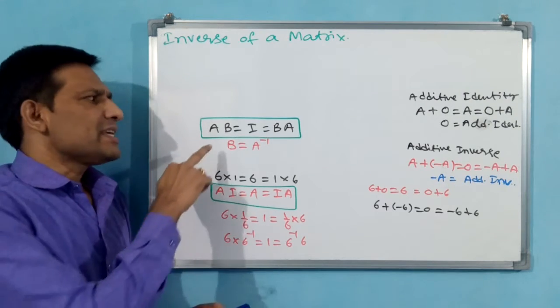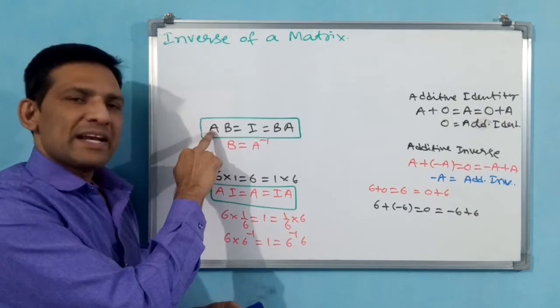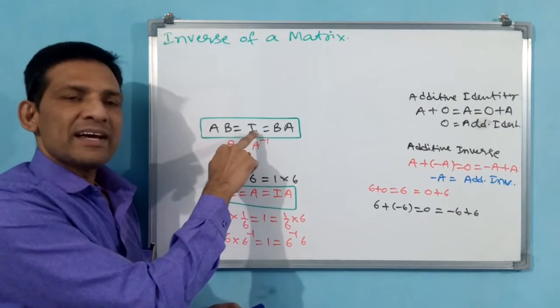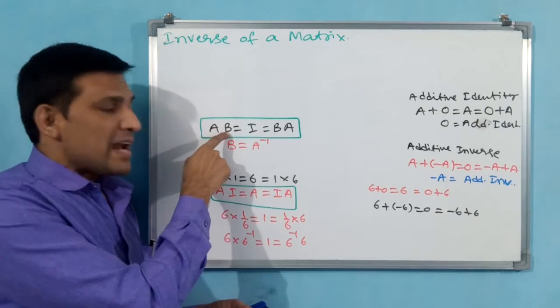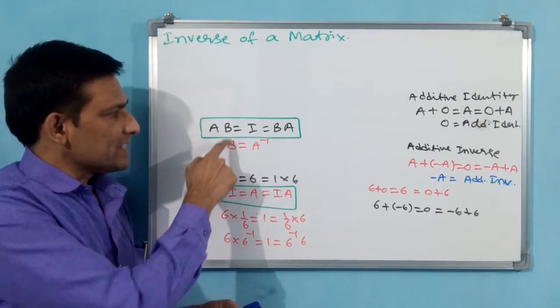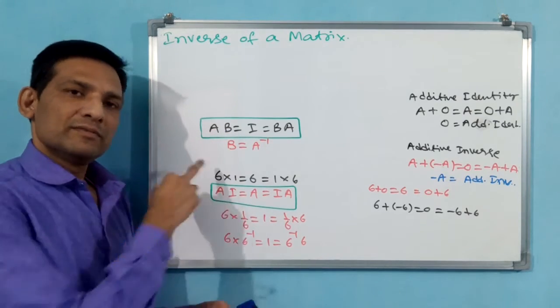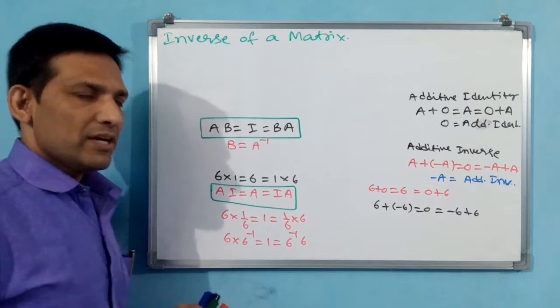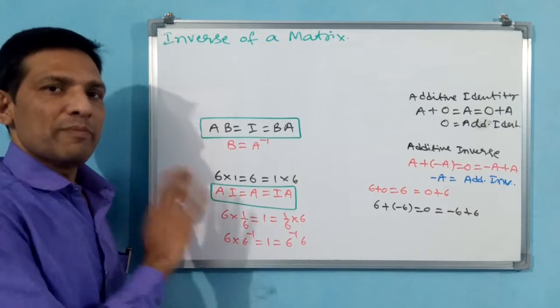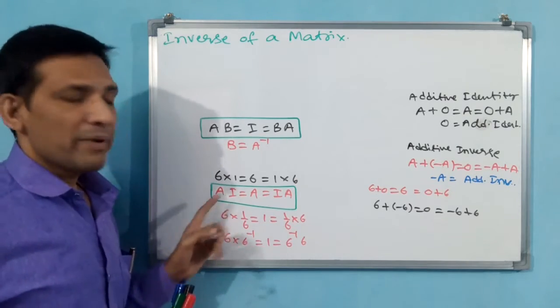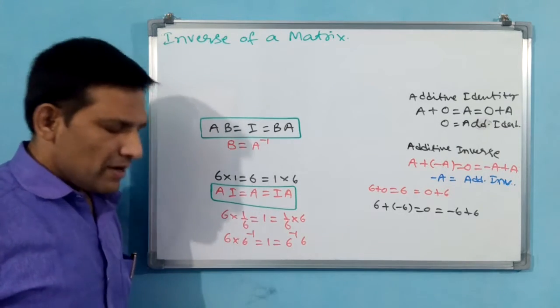You are multiplying a matrix with the original matrix A and the result is the identity matrix, then that matrix is going to be called the inverse of A. Now B is the inverse of A. Keep these two boxes, because these are very important to find the inverse.